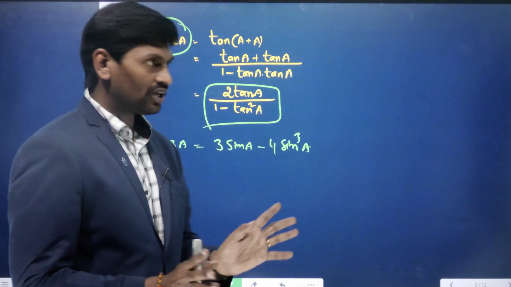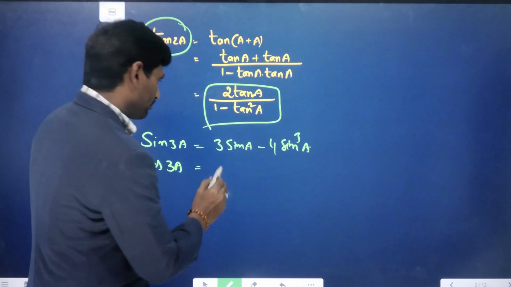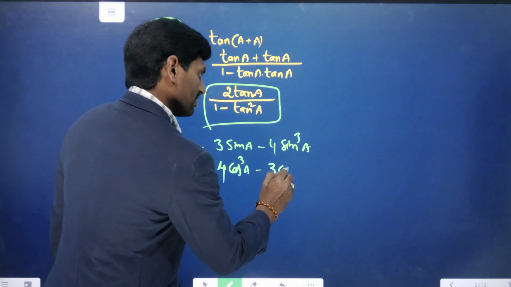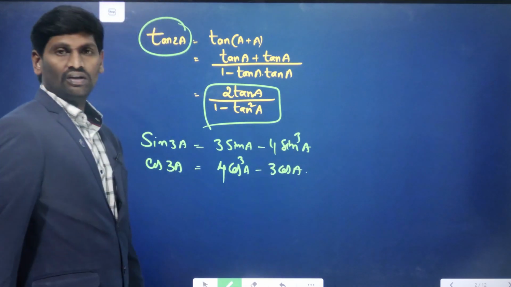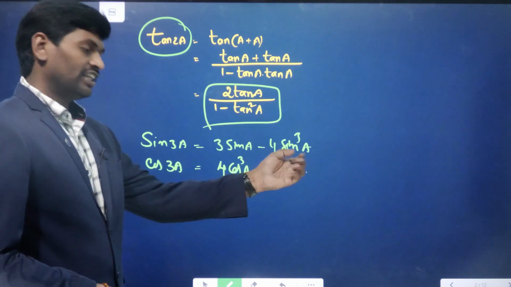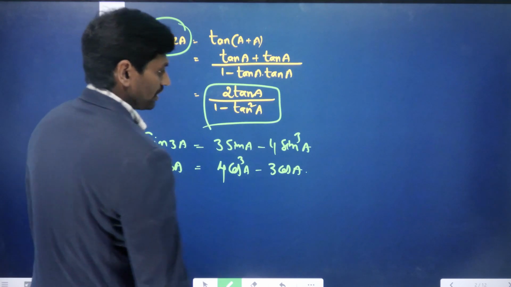You can just try how the formula will derive. And the cos 3a formula is 4 cos cube a minus 3 cos a. Okay? So these are the formulas you should remember.